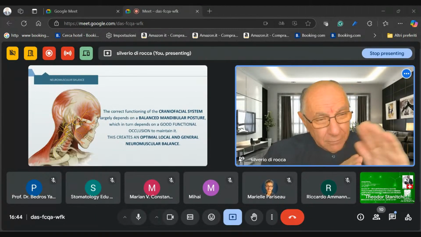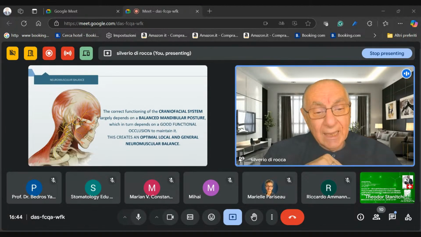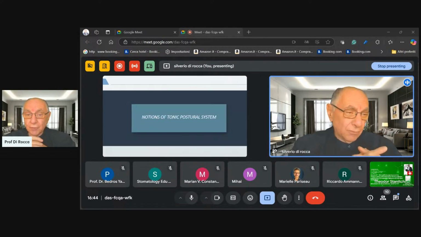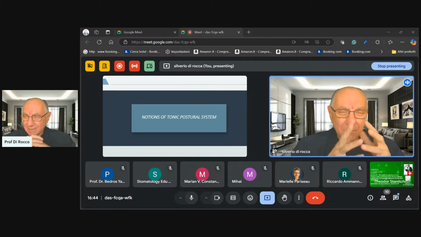Thus, because of static posture, notions about the tonic postural system. Imagine, tonic postural system.